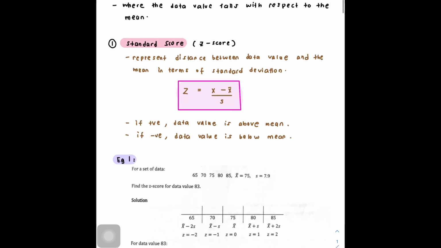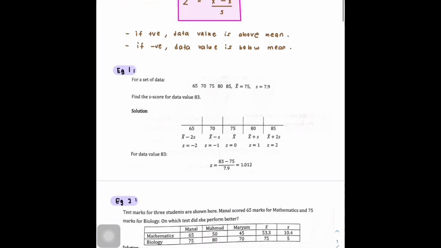Okay, look at this example. For a data set, we have 5 raw data, and the mean is given as 75 and the standard deviation is 7.9. The question asks, find the z-score for the data value 83. So 83 falls in which position? That is the question.